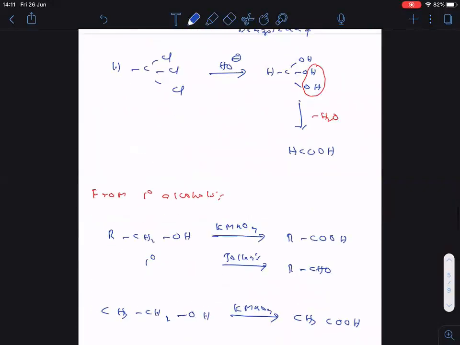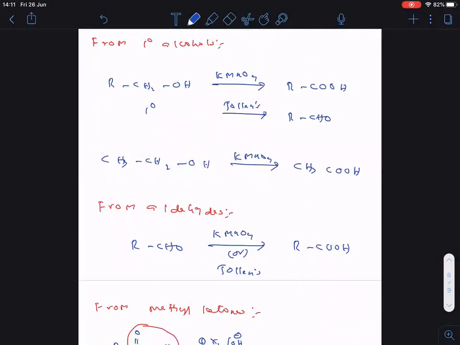Next, from primary alcohols and from aldehydes. Completed.